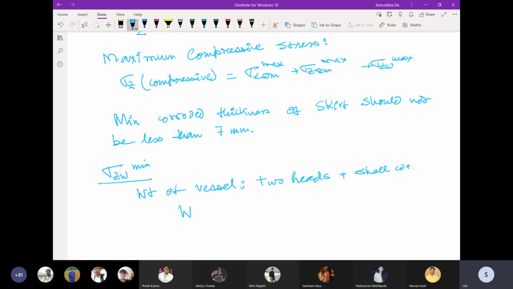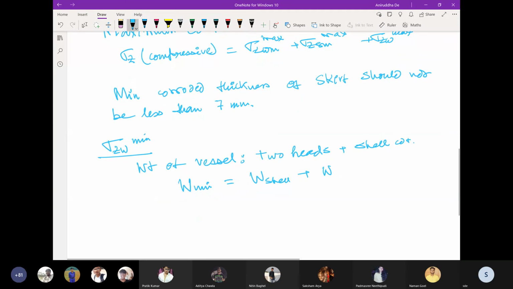So W minimum should be W shell plus W heads. And what is W maximum?